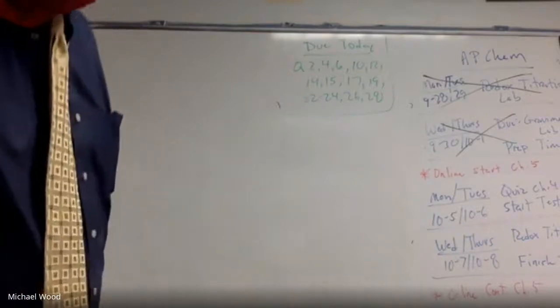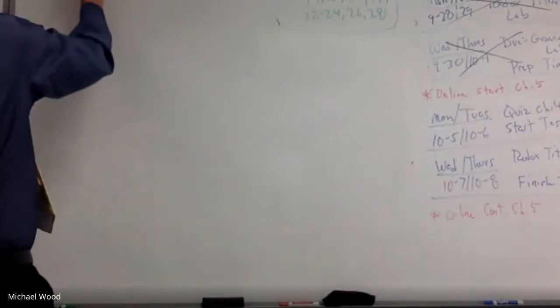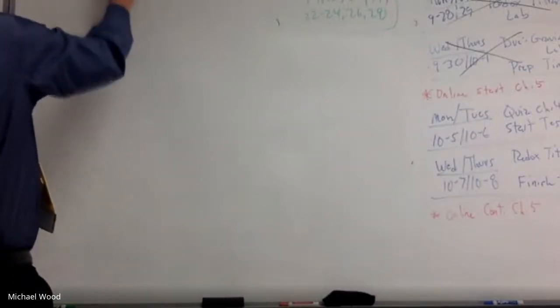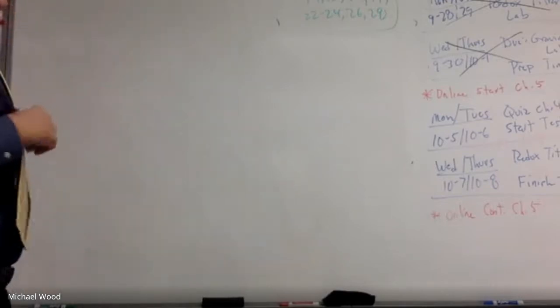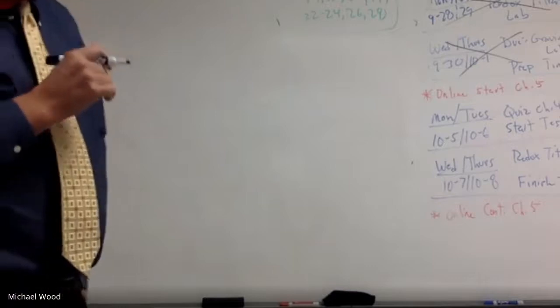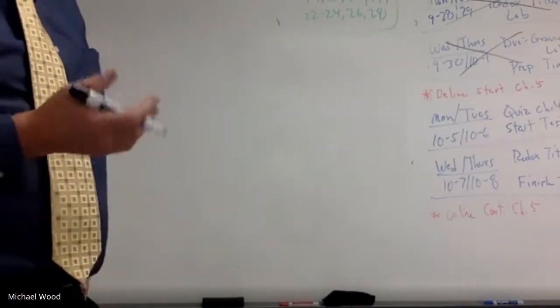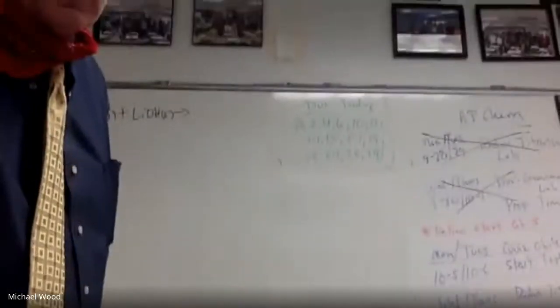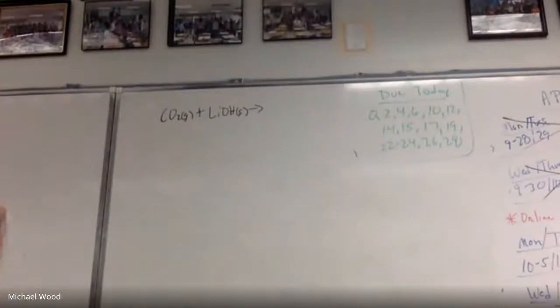If I write the equation, it says that I have CO2 gas, and I put in there lithium hydroxide, which would have to be a solid, being an ionic compound.